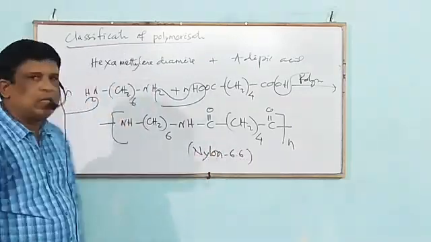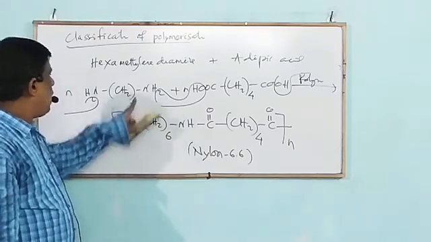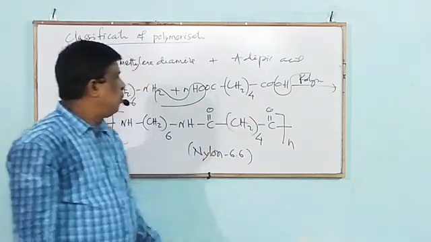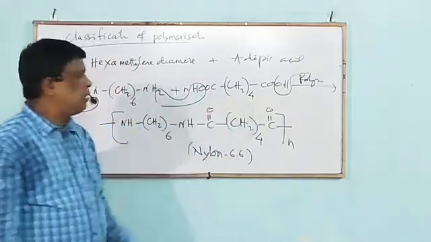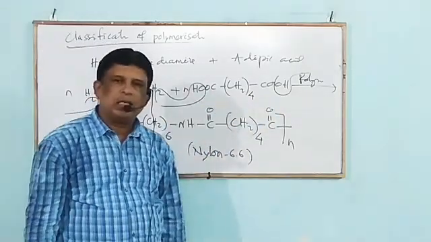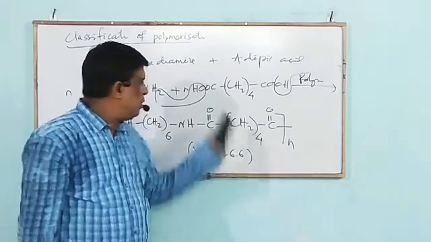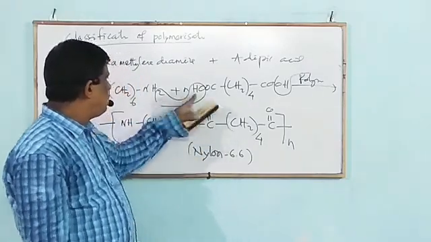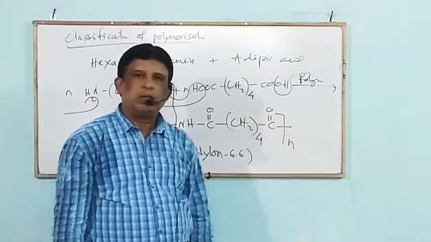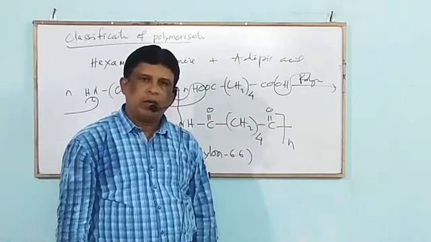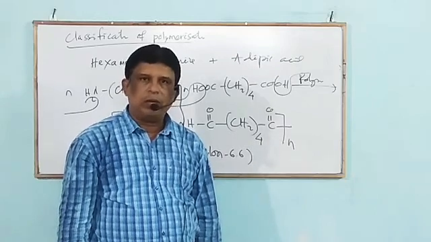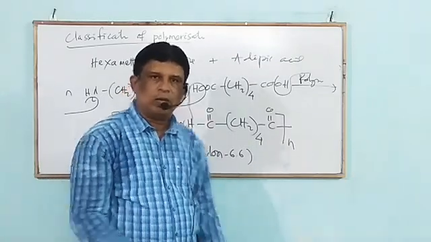Why is it known as 6,6? Because the first unit possesses 6 carbons, and the second unit possesses 4, 5, 6 carbons. That's why it is known as nylon 6,6. So in this case, when they undergo condensation, there is a release of a simple molecule like water, here H and OH. That's why it is known as condensation polymerization.